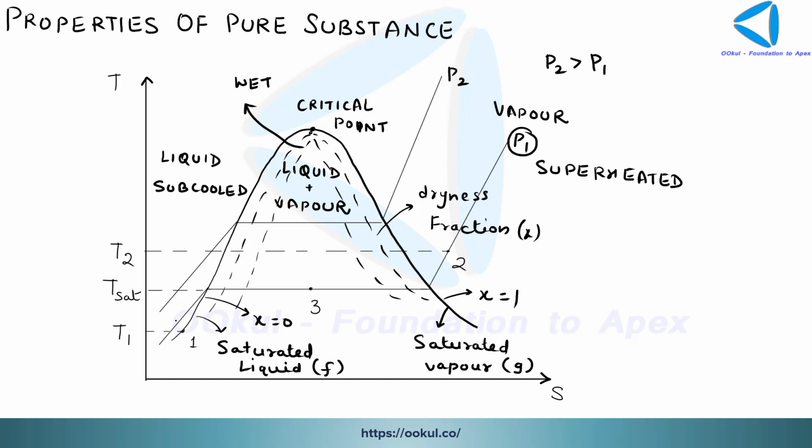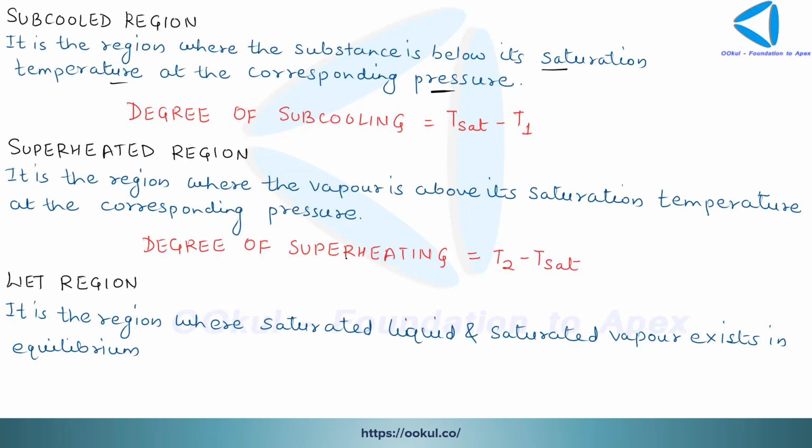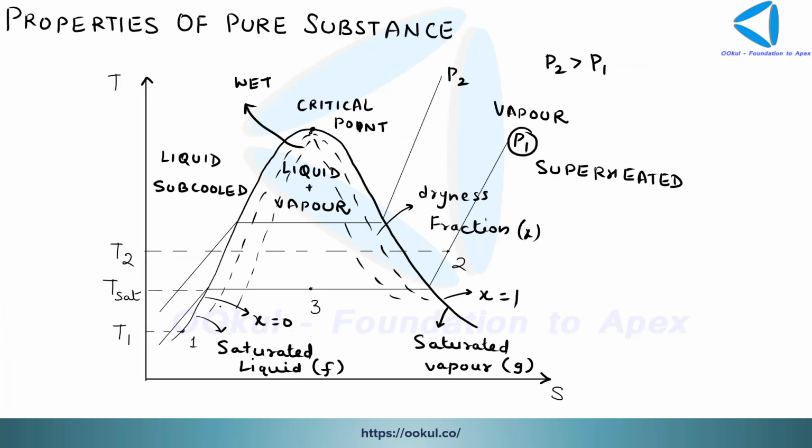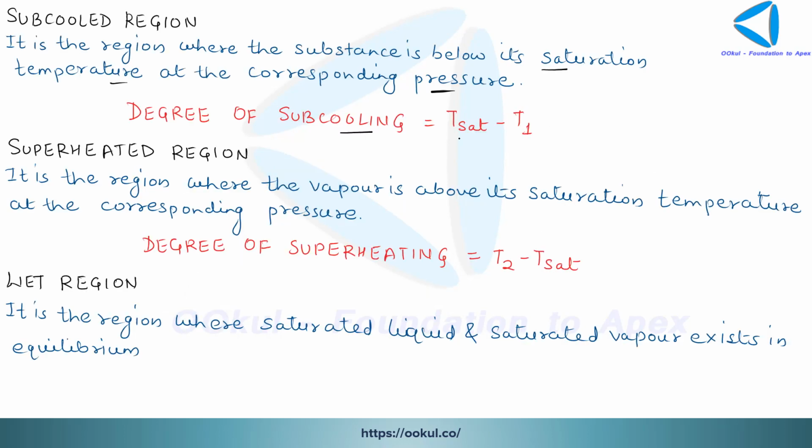Suppose the substance has temperature T1. Since at pressure P1 T saturation is this curve and T1 is below T saturation, it is in the subcooled region. So the degree of subcooling is given by T sat minus T1.